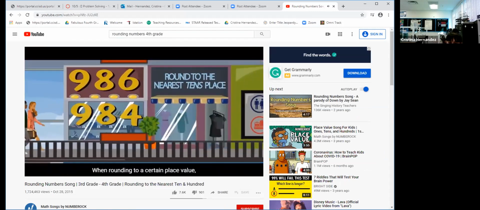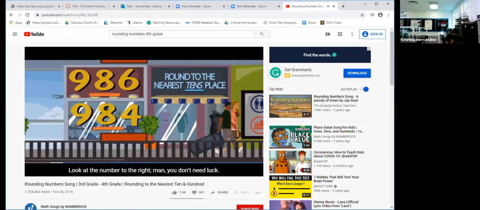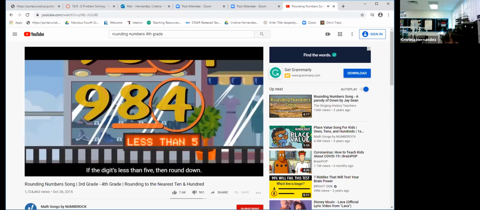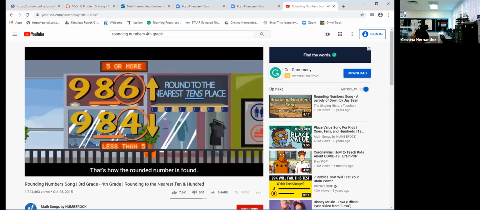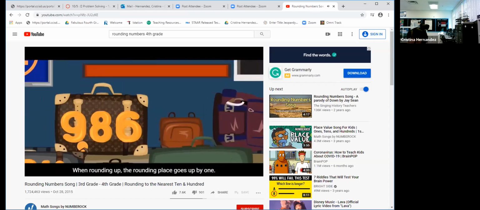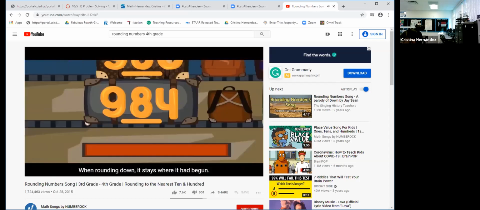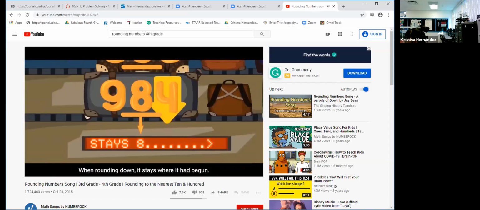When rounding to a certain place value, find the rounding place that you continue to. Look at the number to the right, man, you don't need luck. If the digit's 5 or more, then you round up. If the digit's less than 5, then you round down. That's how the rounded number is found. When rounding up, the rounding place goes up by 1. When rounding down, it stays where it had begun.